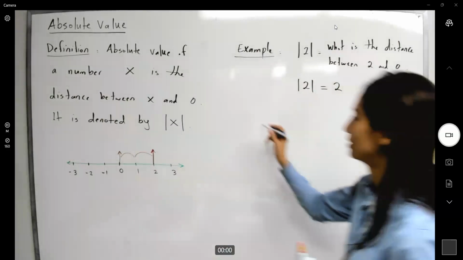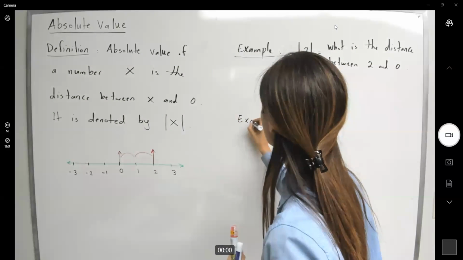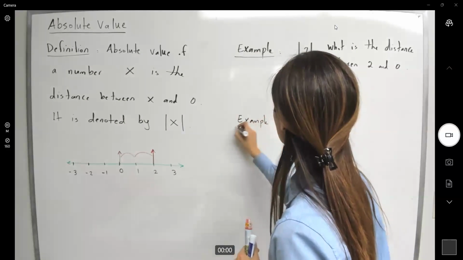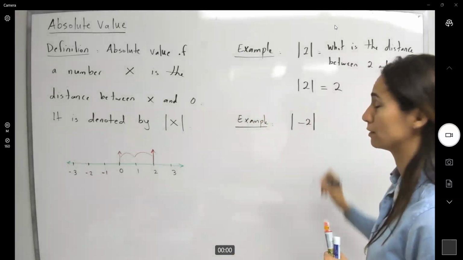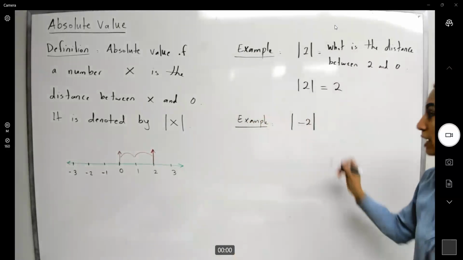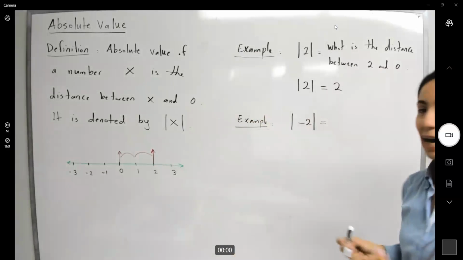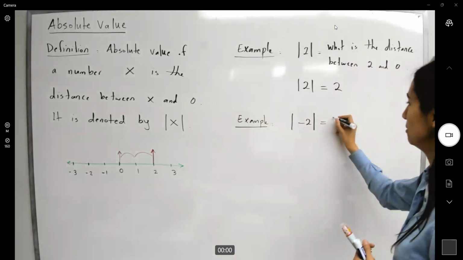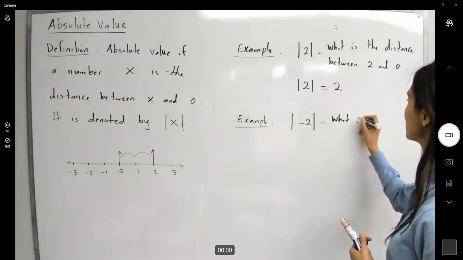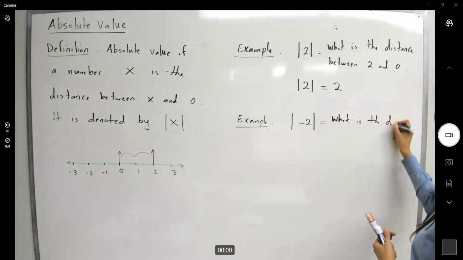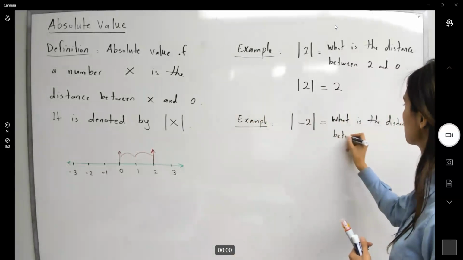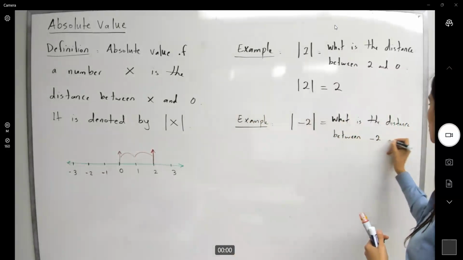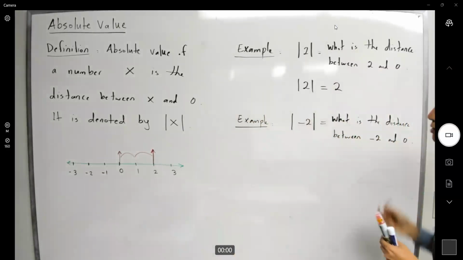Another example. Suppose I ask you to find the absolute value of -2. What's the meaning of that? It means that I'm asking you to find a distance. What is the distance between -2 and 0?